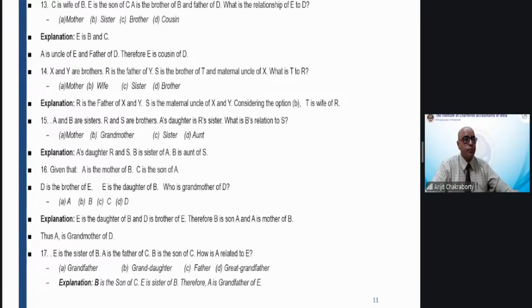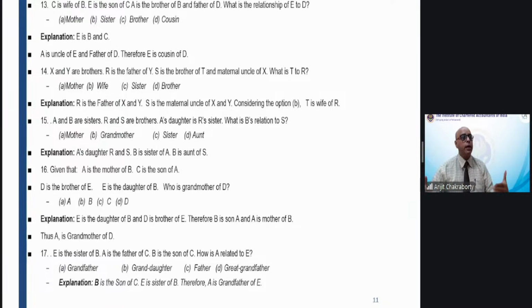A is the brother of B and father of D. A is the brother of B. B's brother is A, meaning A is also male. B and A are brothers. And A is the father of D, so A has a child whose name is D. The question is, what is the relation between E and D?